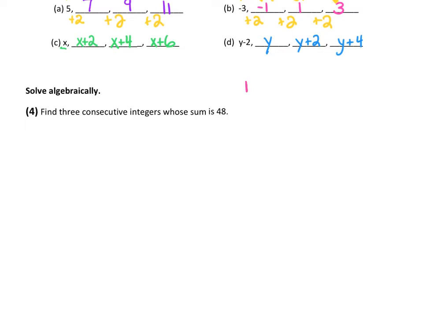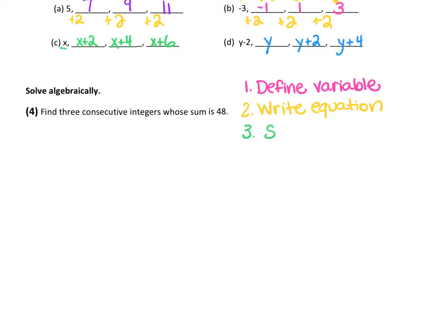So the very first step will be to define your variable, and think about that as your let statement. The next thing you're going to do, once you have your variables, you're going to write an equation to help you solve the problem. Once you have an equation, of course we solve.